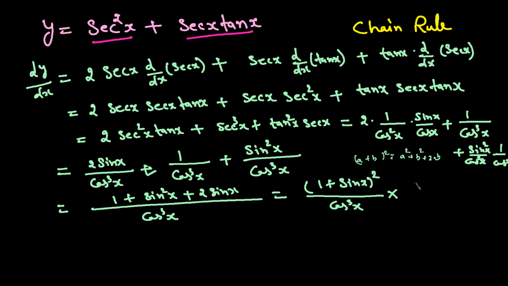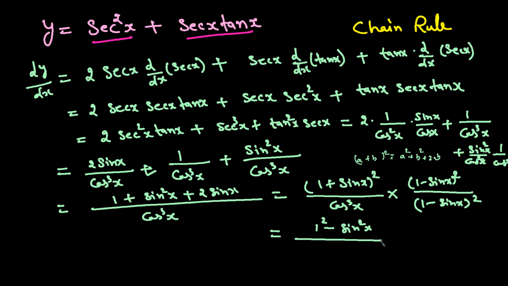So we multiply this y, 1 plus sine x square over cosine cube x, by 1 minus sine x square over 1 minus sine x square. That'll give me, in the numerator, 1 square minus sine square x, and the bottom part will give me cosine cube x into 1 minus sine x square.